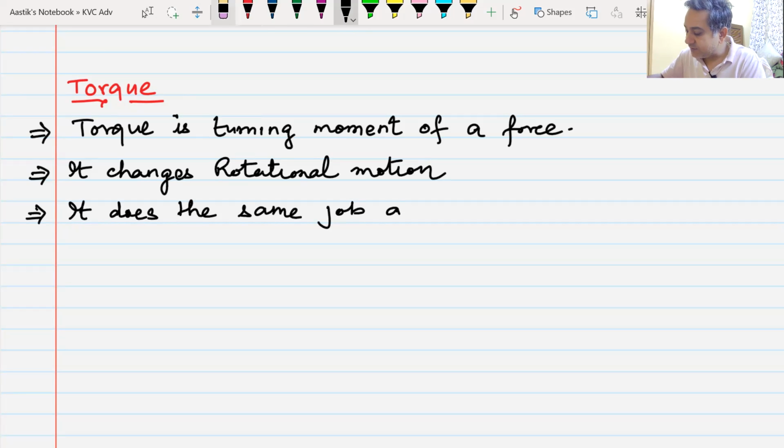It does the same job in rotational motion. What is the counterpart it has? Moment of inertia.